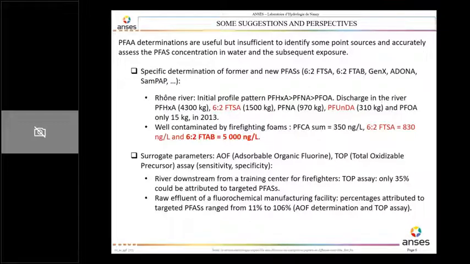Another example, for both AOF determinations and TOP assay, the percentages that could be attributed to targeted PFAS ranged from 11 to 106% in the raw effluent of a fluorochemical manufacturing facility.